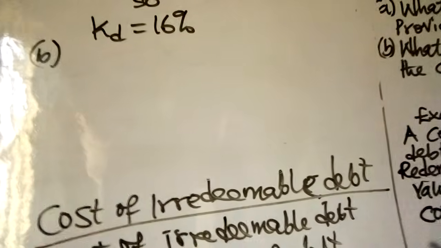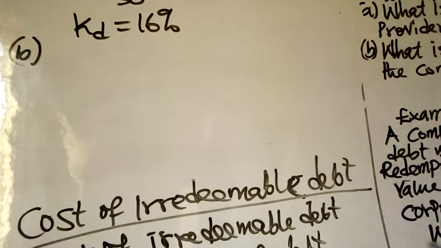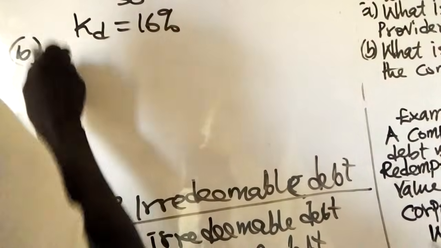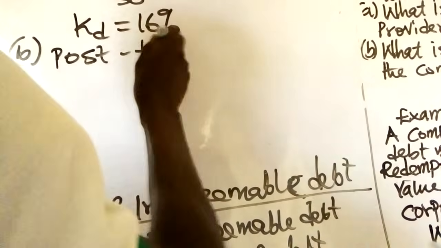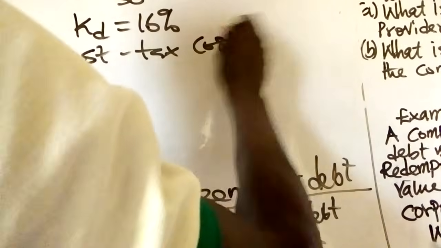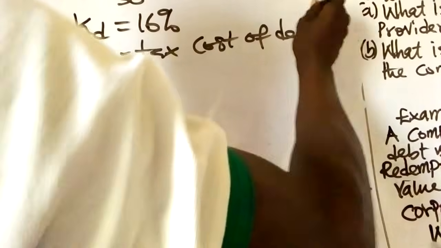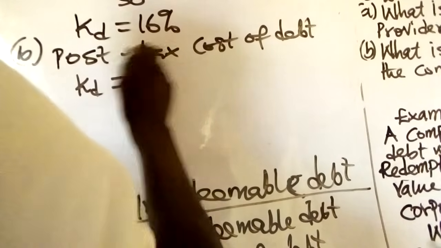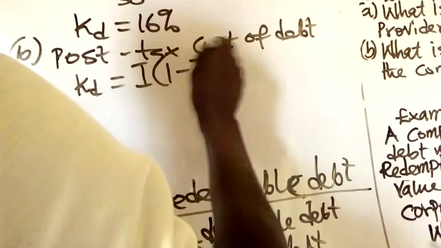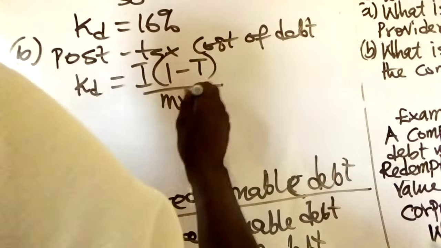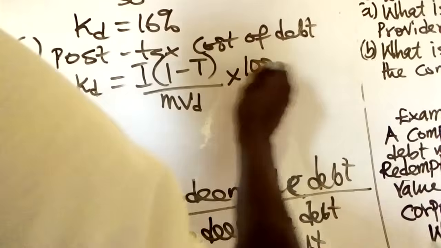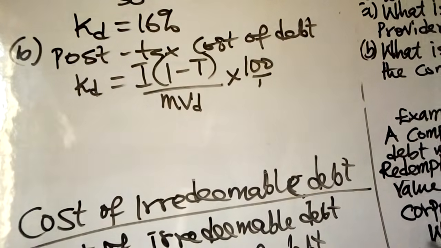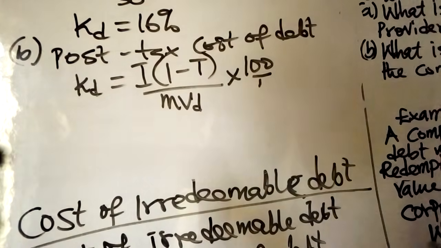To calculate post-tax cost of debt, I told you that the formula is cost of debt equal to interest times 1 minus tax rate, over the market value of debt, times 100. That is the formula for calculating the post-tax cost of debt.